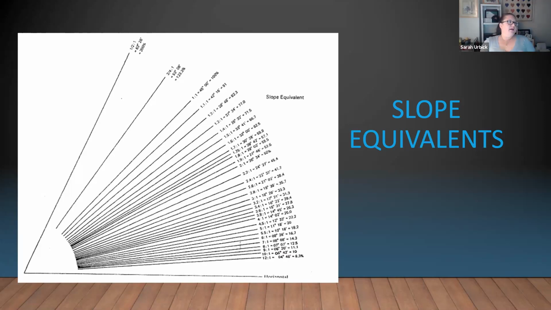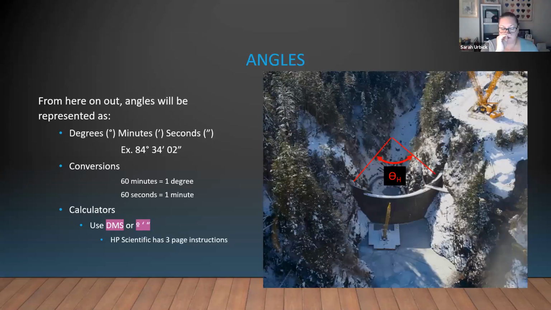Angles. During the quiz, I got a few questions about how we identify a unit of measure. Putting that little degree symbol on things is kind of tough. You've got to know where to go to find it, and most programs don't have it. So from here on out, we're not going to use radians. We're not going to use decimal points in our angular measurements.